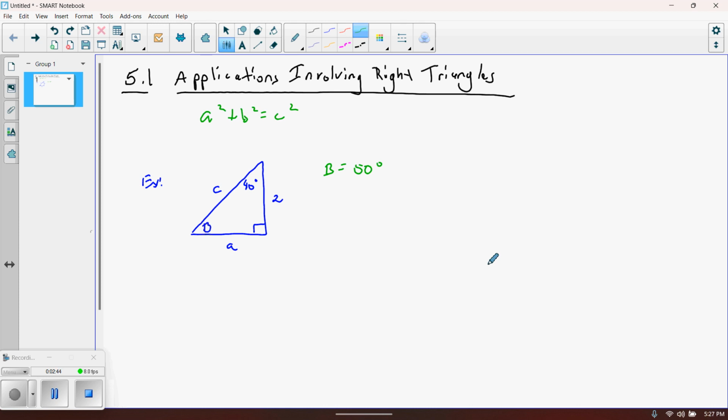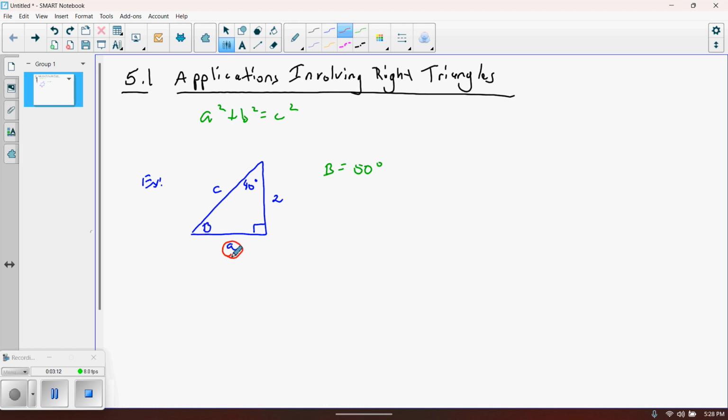Now, the fact that I already know B is good because I could use multiple different trig identities here in order to do this. I'm going to go with the 40-degree angle just because that was the one that was given to us. If we wanted to find A, what we know is that the angle in question is 40, and I know that the side 2 is the adjacent side.